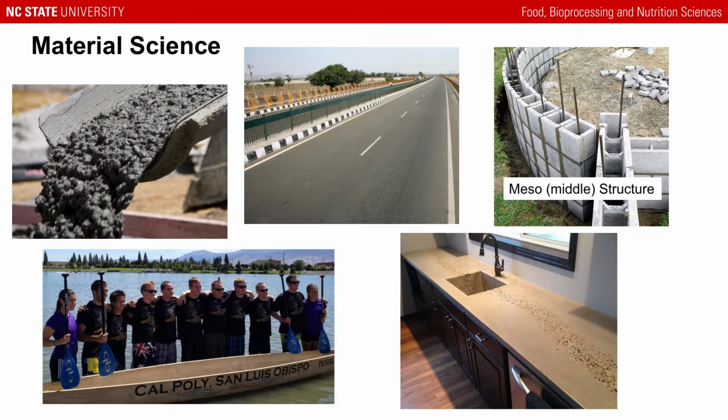So it's flexibility on what we produce from the same base material. Okay. One of the key things is this meso-middle structure. So you could, in theory, build this wall by pouring it directly, but by using these blocks, we have much more flexibility in the structures we build. Okay.